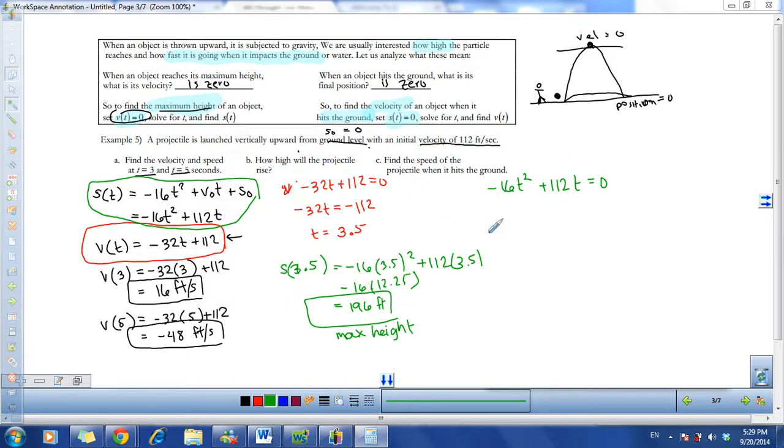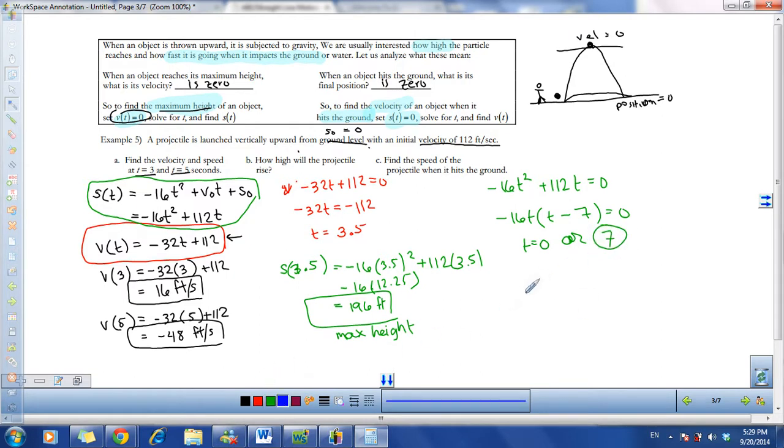So I can pull out a negative 16t, and then t minus 7 equals 0. So t equals 0 or 7. I want it at 7.